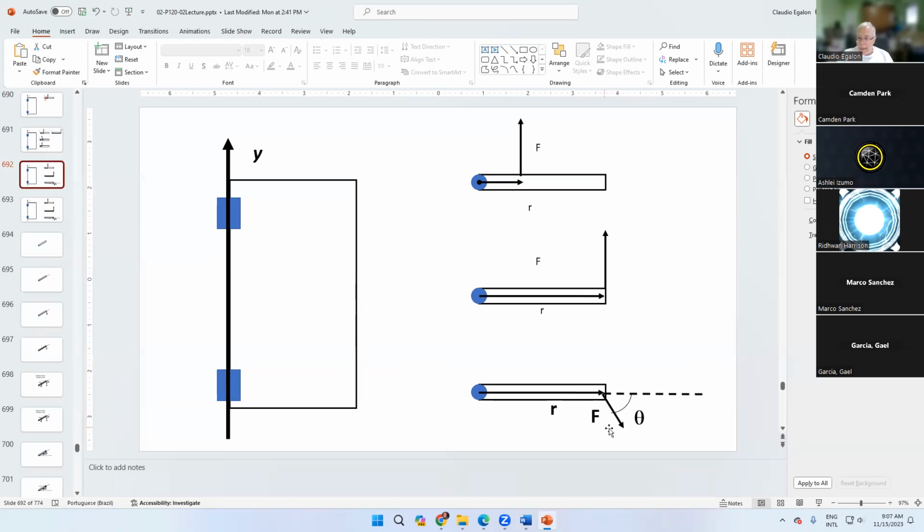If you project this force along an axis that's perpendicular to the position vector, you're going to see that it is exactly this component of the force that's producing a torque for this specific example.